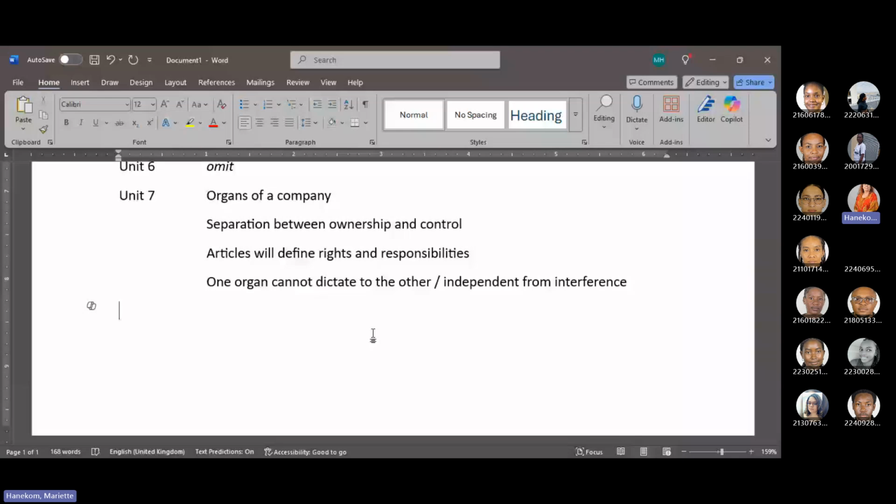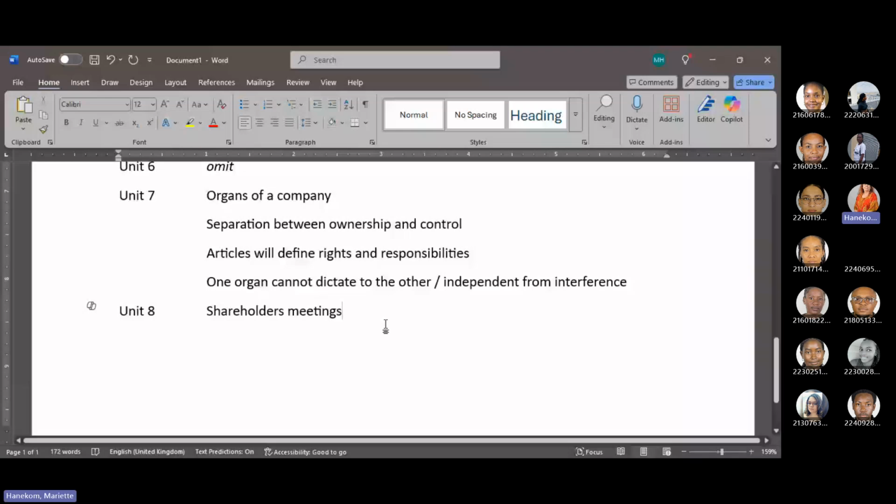And then Unit 8. Shareholder meetings. I have already done a whole revision class on Unit 8 together with doing a practical exercise with you, showing you how to answer these questions. Remember, always show your calculations.